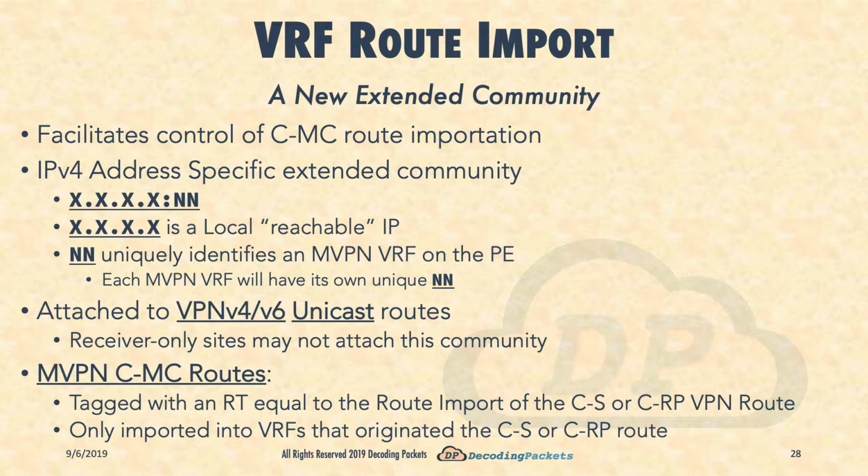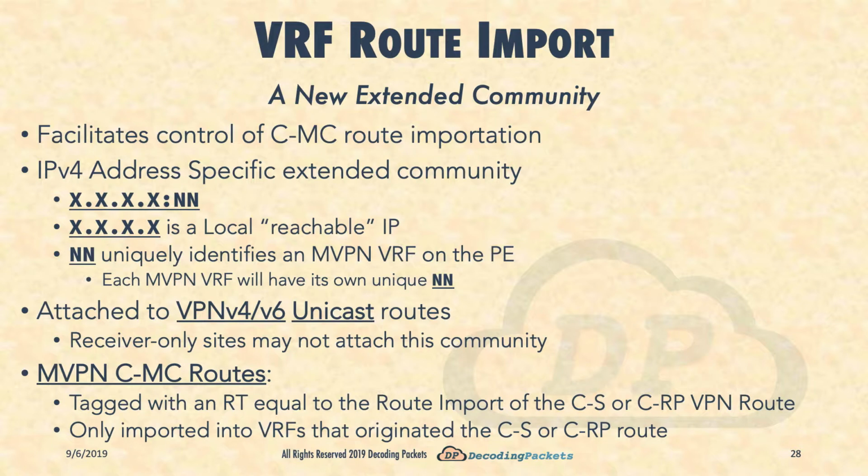So, to solve the problem of route retention that we met in the previous scenarios, RFC 6513 and 6514 introduce a brand new extended community. This is called the VRF Route Import community, and it is originated by the MVPN PEs. The structure of this community is set in stone.